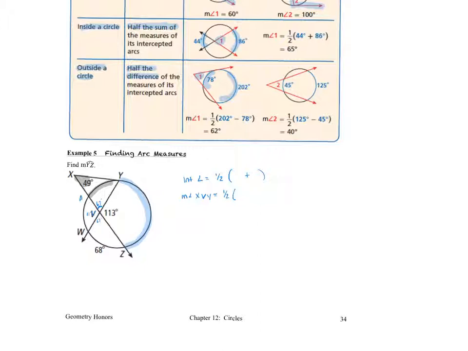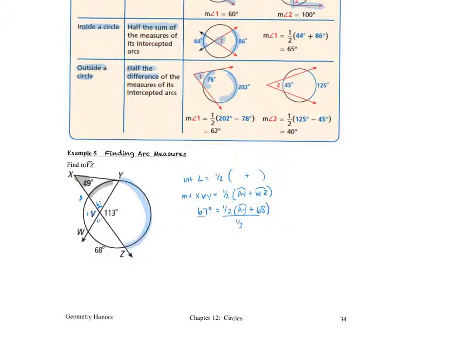We'll call it A. So 1/2 the measure of arc AY plus arc WZ. So the measure of angle XVY, sorry about that, that's going to be 67 degrees, is equal to 1/2 of arc AY, we don't know, plus 68.